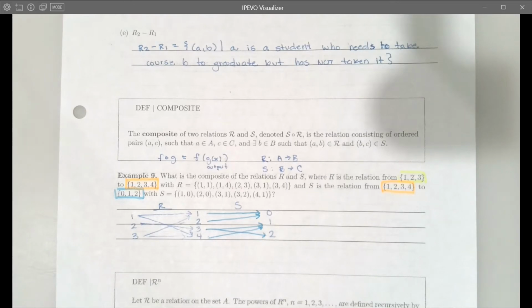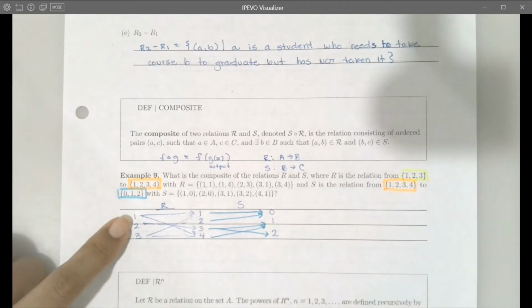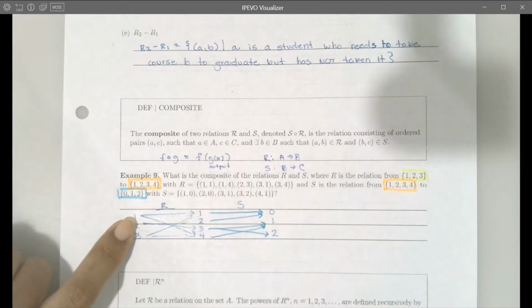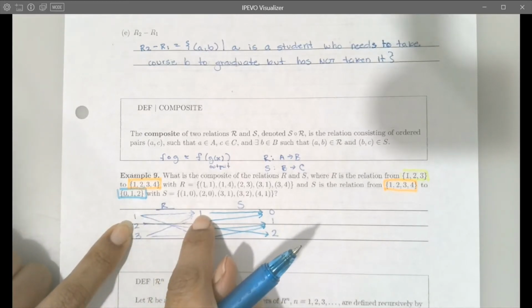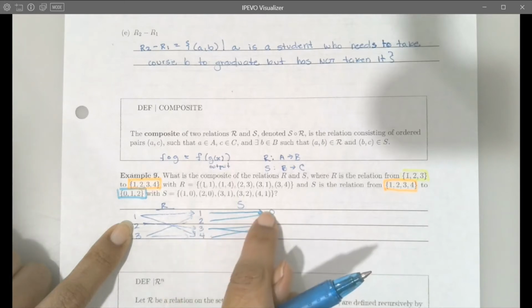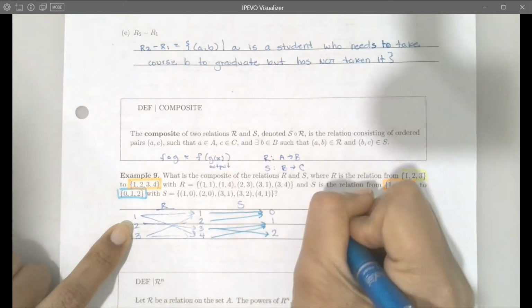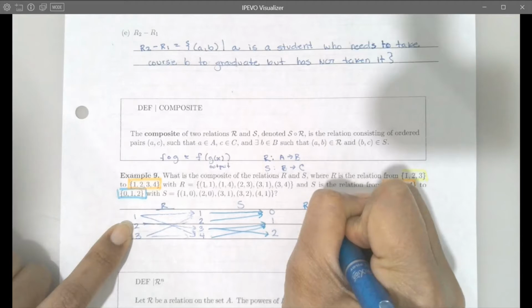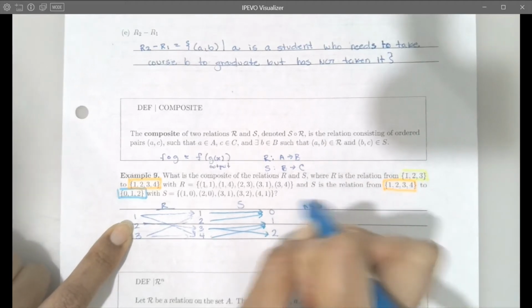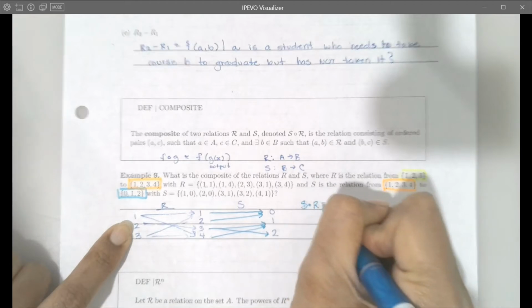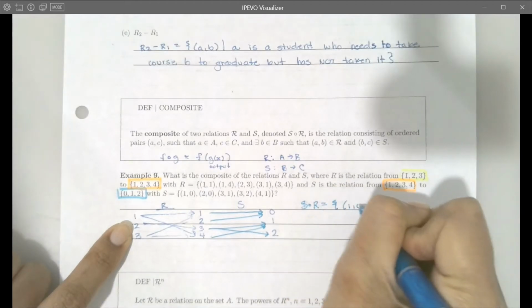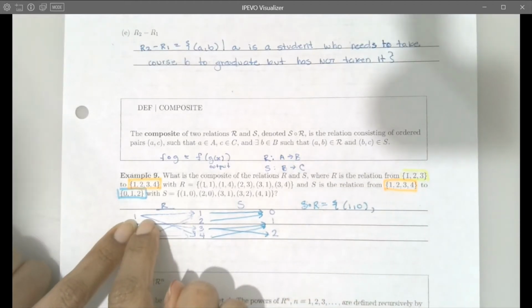Okay, so now based on that, we can start looking for the composite. 1 gets mapped to 1 in R, but then 1 gets mapped to 0 in S. So S of R is going to include the element 1, 0. Okay.